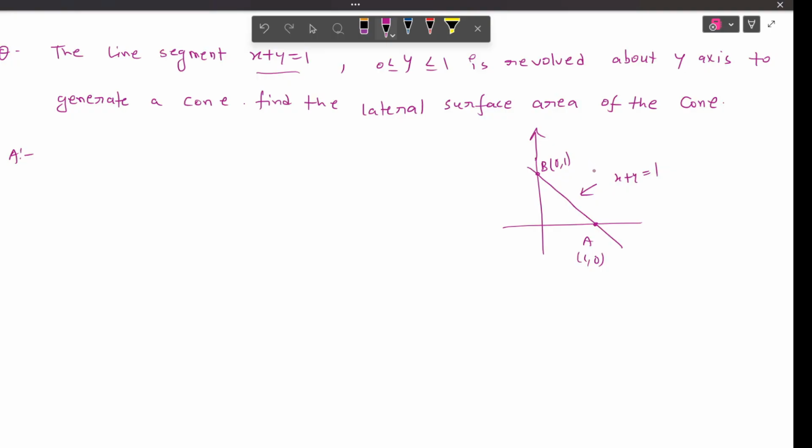So we have to find the lateral surface area. So from this we can say that the triangle OAB is formed by the line x plus y equals to 1, and y is from 0 to 1, and the region is revolved about the y-axis.